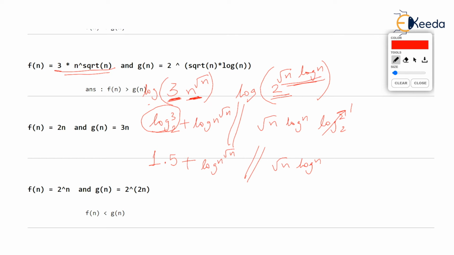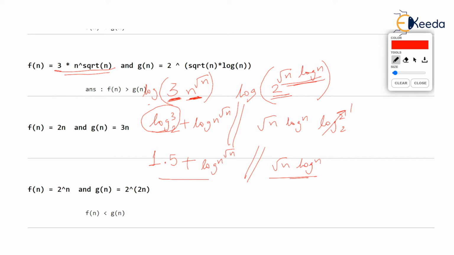But this is becoming a bit complicated for us, isn't it so? So it's so important to remember a few properties of logarithms, and that will become very, very helpful as we proceed solving more such examples.